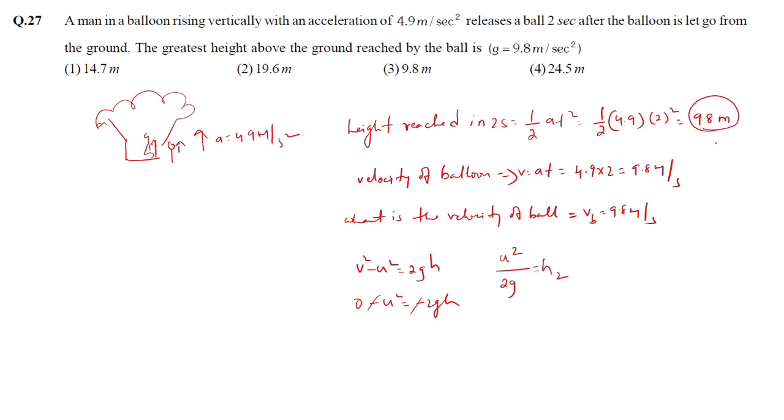Let us take the earlier height as h1. If you substitute the values, you will be getting h2 value as 4.9 meter. So the total height is h1 plus h2, that is 9.8 plus 4.9, that is 14.7 meters.